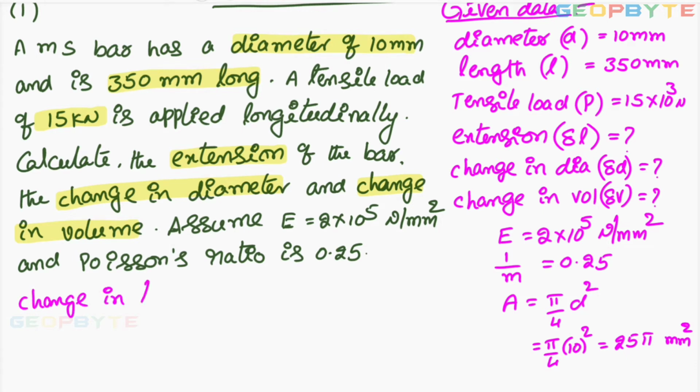Change in length delta L equal to PL by AE, equal to sigma L by E. That is the formula. P is known, A is known. Let us take this formula for finding delta L.